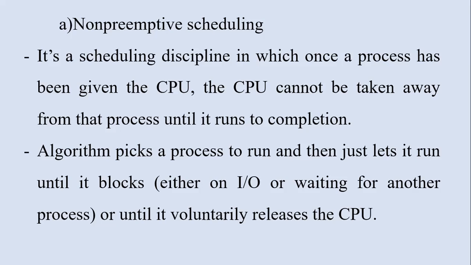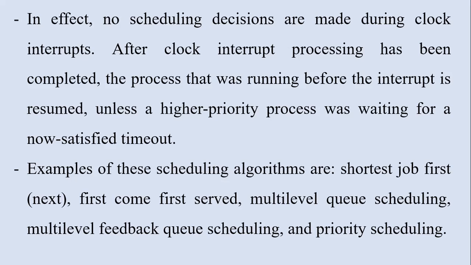The algorithm picks a process to run and then just lets it run until it blocks, either on an I/O or waiting for another process, or until it voluntarily releases the CPU. In effect, no scheduling decisions are made during clock interrupts. After clock interrupt processing has been completed, the process that was running before the interrupt is resumed, unless a higher priority process was waiting for a now satisfied timeout.